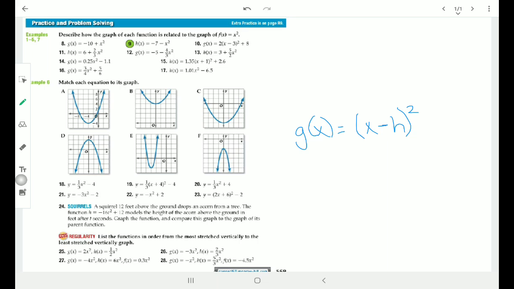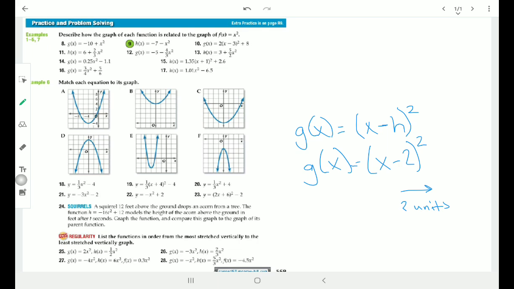And if I have this, it's going to shift my parabola either left or right. And if this number here, this h, is greater than 0, so essentially, if this minus is still here, for example, if I have g of x equals x minus 2 squared, well, then it's going to shift right 2 units.